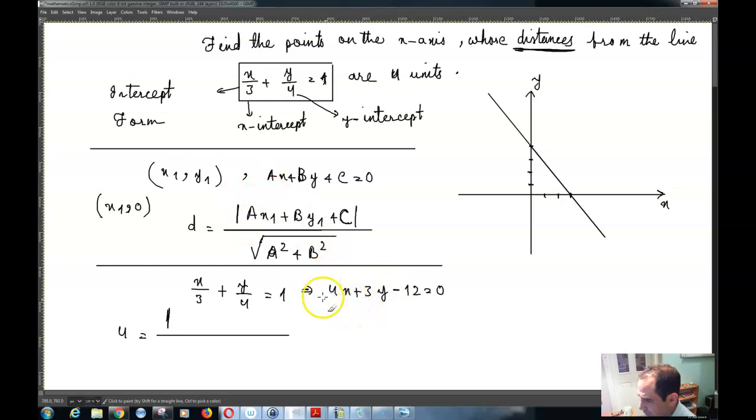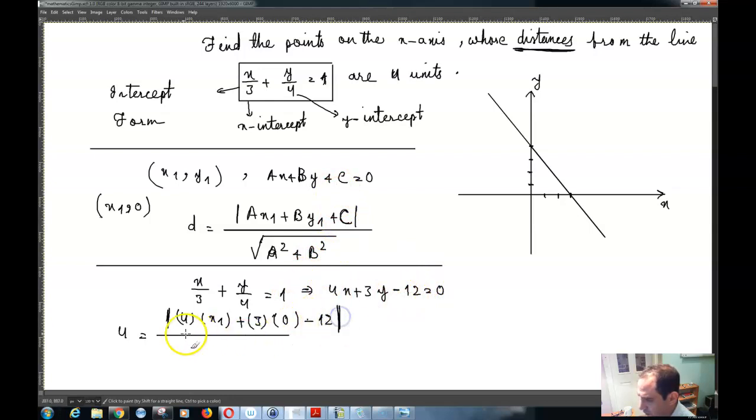Over here a is equal to 4, so 4 times x1, plus b times y1. B is equal to 3 over here, and y1 is 0, plus c, and my c over here is equal to negative 12.